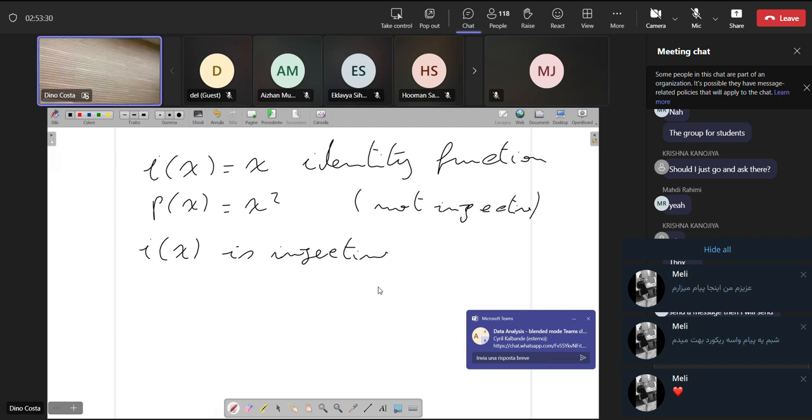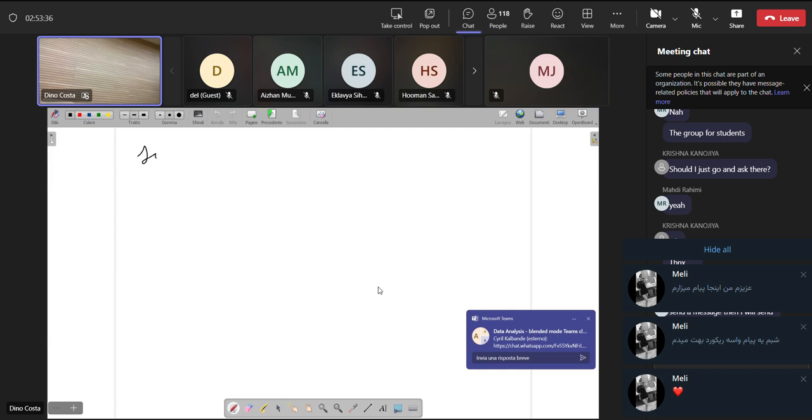A function is called surjective. So now we define surjectivity, surjective function. We have a function from A to B, always.